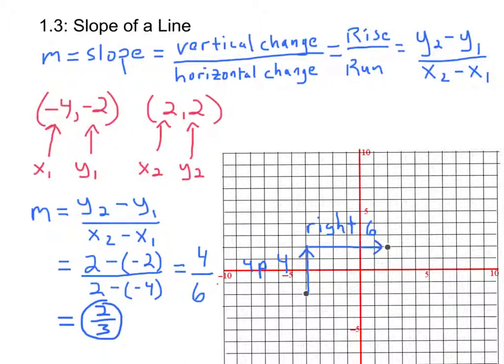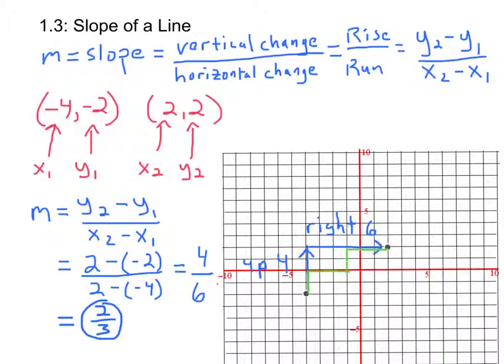So if we start at the point on the left and we move up 2 and to the right 3, and then we move up 2 again and to the right 3 again, we would get to the point on the right. So reducing the slope breaks a big step into 2 or more smaller steps.